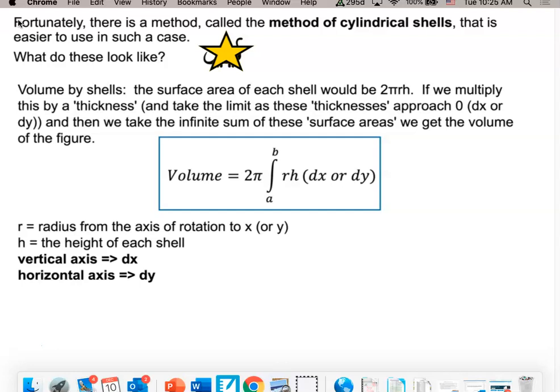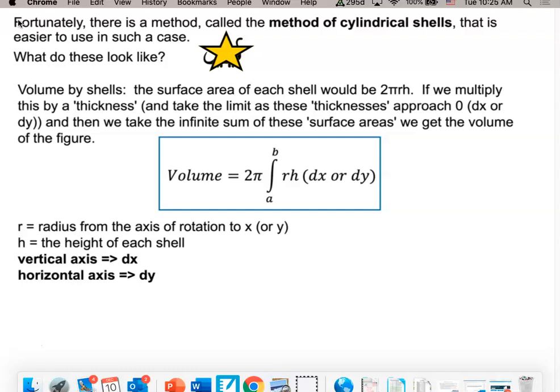If you have a vertical axis, you can use shell and still be dx. So you can always find all of your volumes in dx world, if you want to. So you use disc and washer when your axis is horizontal, use shell when your axis is vertical, and then you never have to solve for x in terms of y.